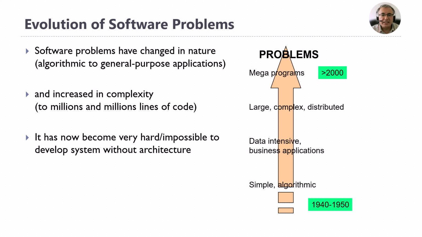This increase in complexity, with systems growing to millions of lines of code developed by many people, has made it nearly impossible to develop systems without a solid software architecture. Today, as such, architecture is essential to manage the complexity and enable us to build systems that are scalable, reliable, and adaptable.